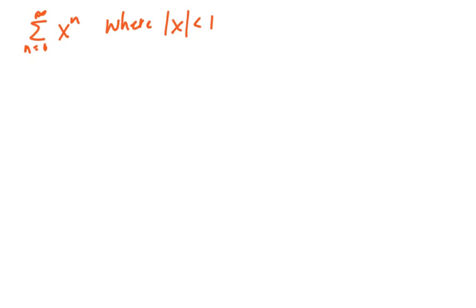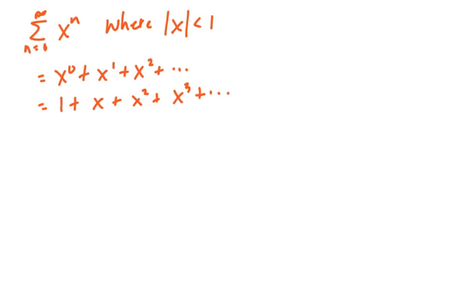So if we were to write this out, we have x to the 0 plus x to the first plus x to the second plus ... So that means that we have 1 plus x plus x squared plus x to the third.